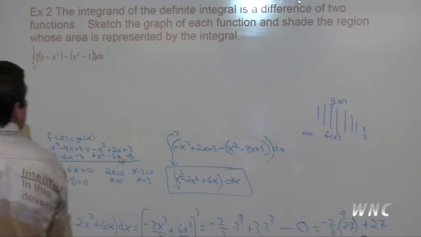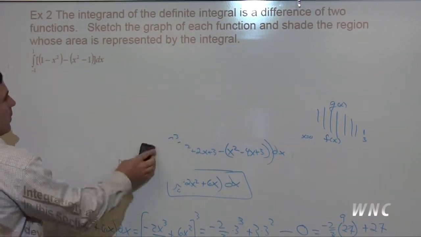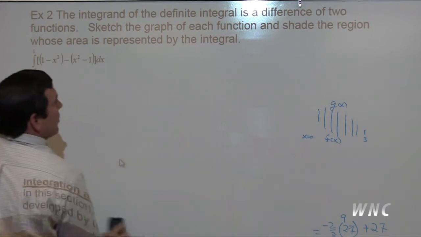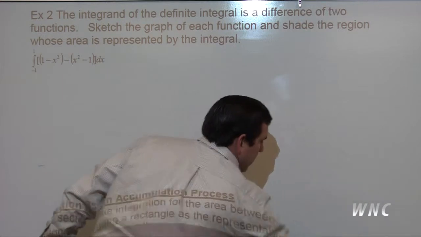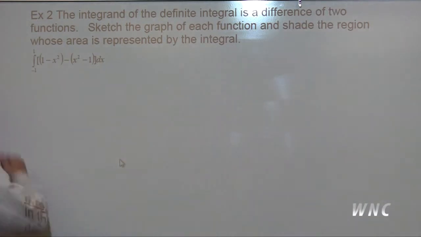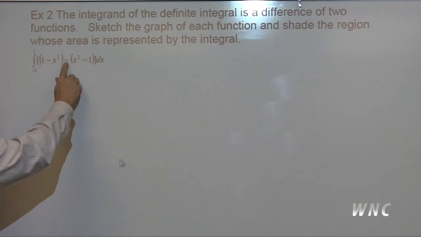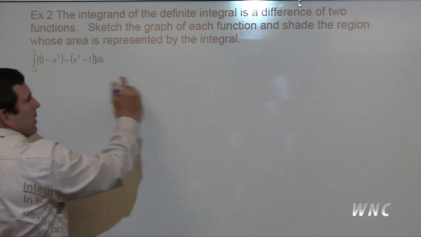Okay, the integrand of the definite integral is a difference between two functions. So we're going to sketch the graph of each function and shade the region whose area is represented by the integral. What are we looking at here? We have 1 minus x squared, from negative 1 to 1, 1 minus x squared minus x squared minus 1. That's going to be a parabola opening down.